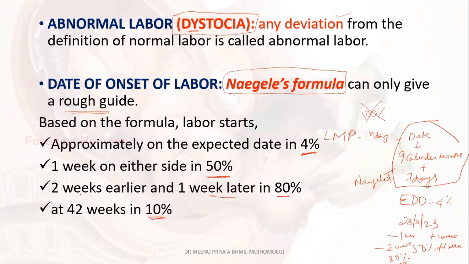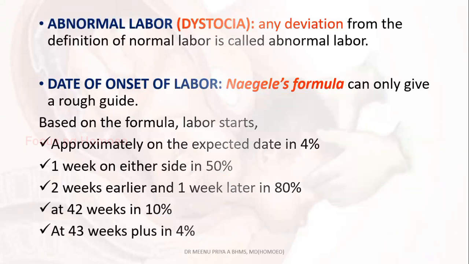This is usually after the term period. So the highest is this, and you should remember this. Which is the closest date of onset of labor according to Naegele's formula? It is 2 weeks earlier and 1 week later in 80%. And 43 weeks plus is in 4% of pregnant women.